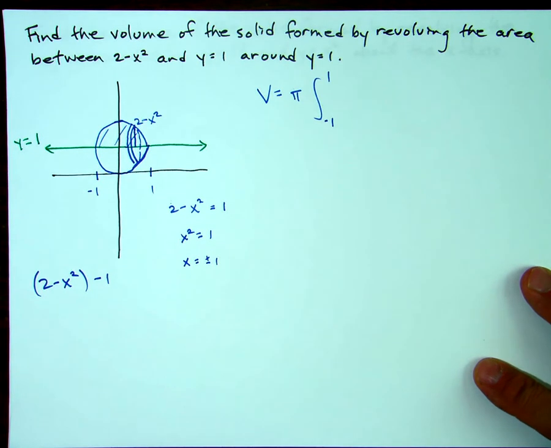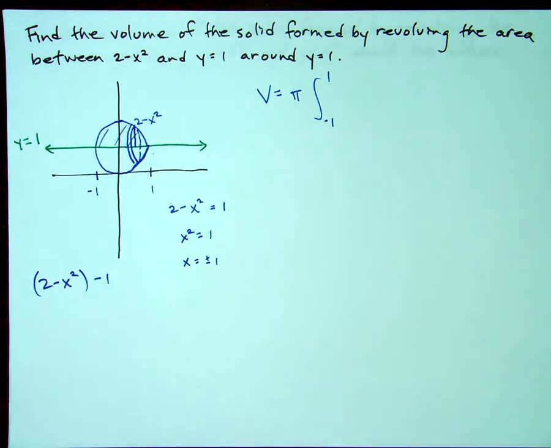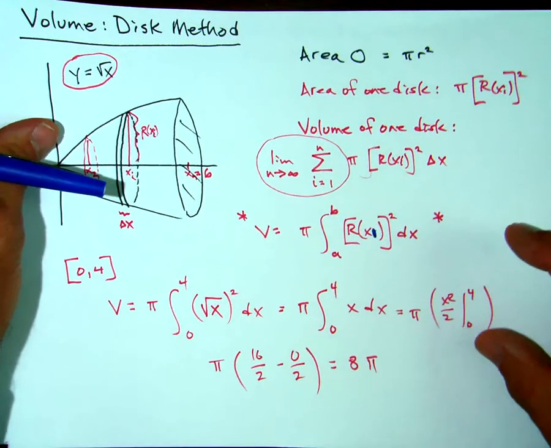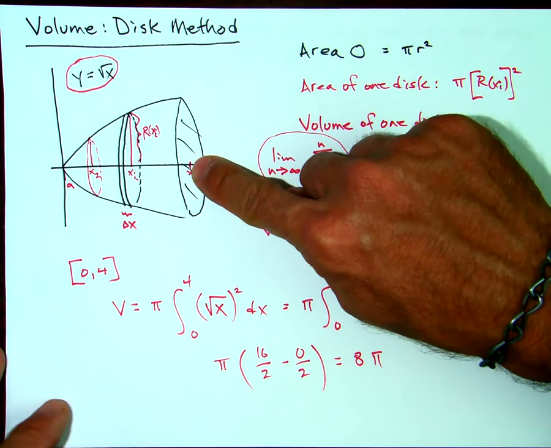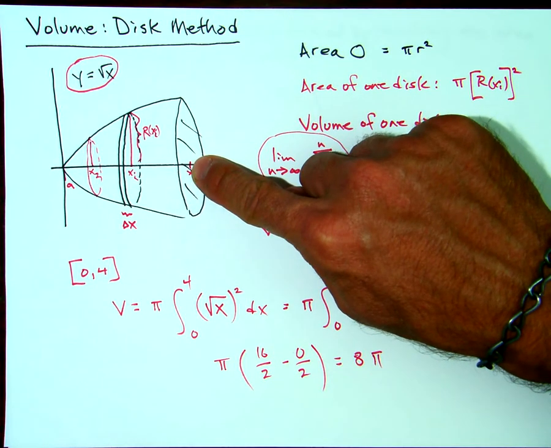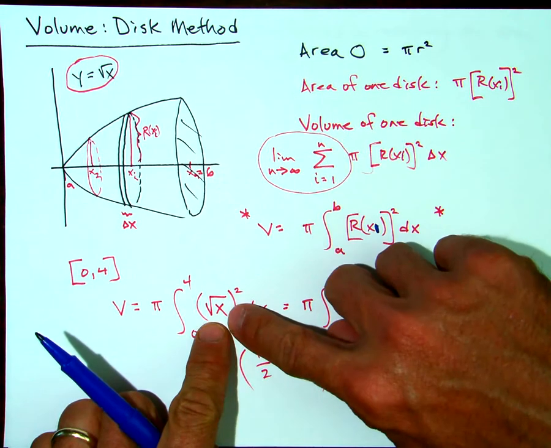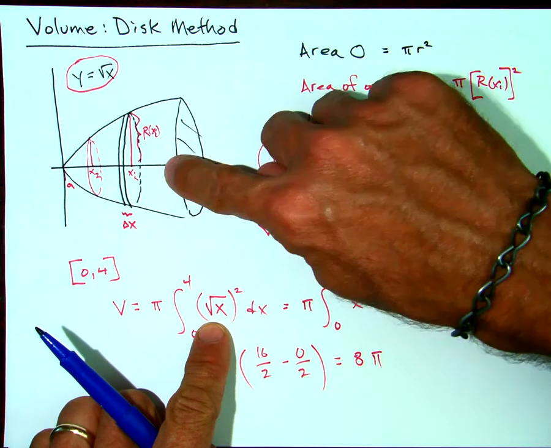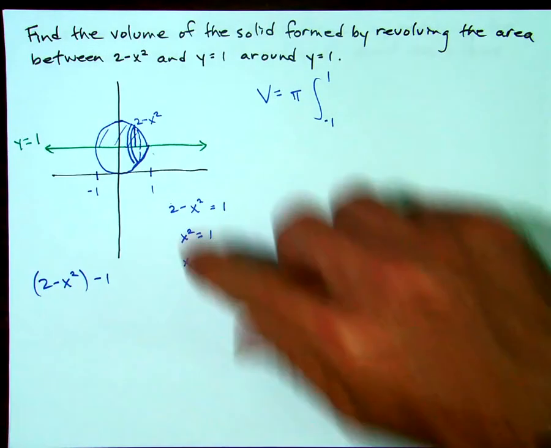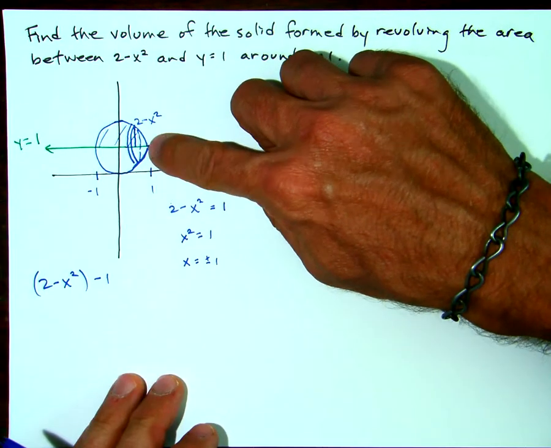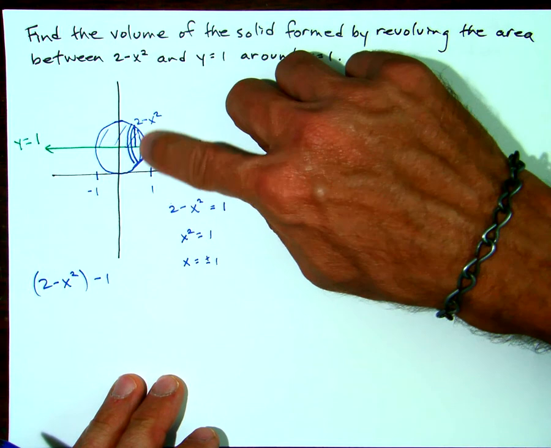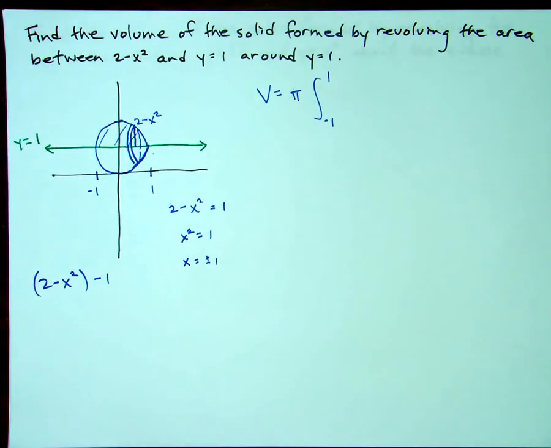You could think of it in this case as being similar, except that our lower one was y equals 0. So we didn't actually write it, but technically it would be square root of x minus 0. In this case, it's 2 minus x squared minus 1.